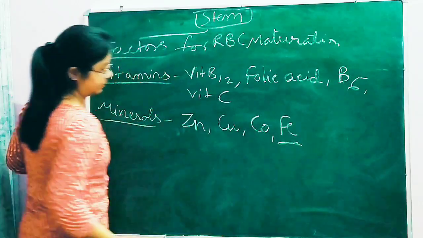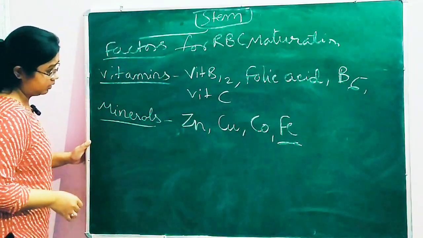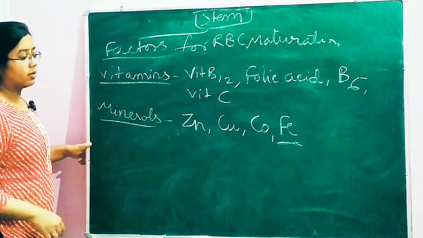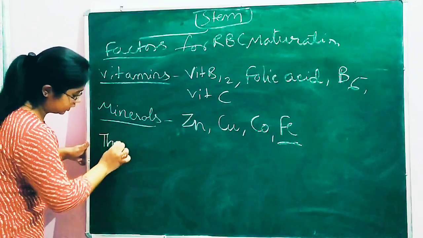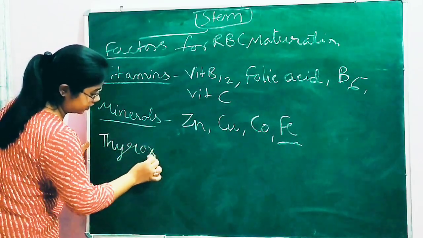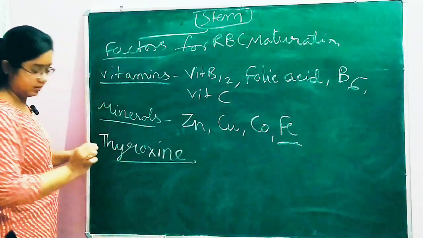The main one is iron. Along with the vitamins and minerals, one hormone is required, the thyroxine hormone, which is released by the thyroid gland.